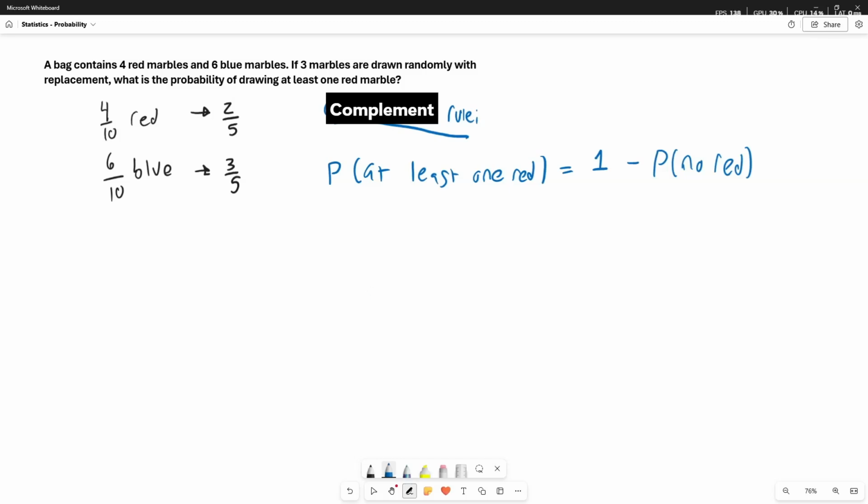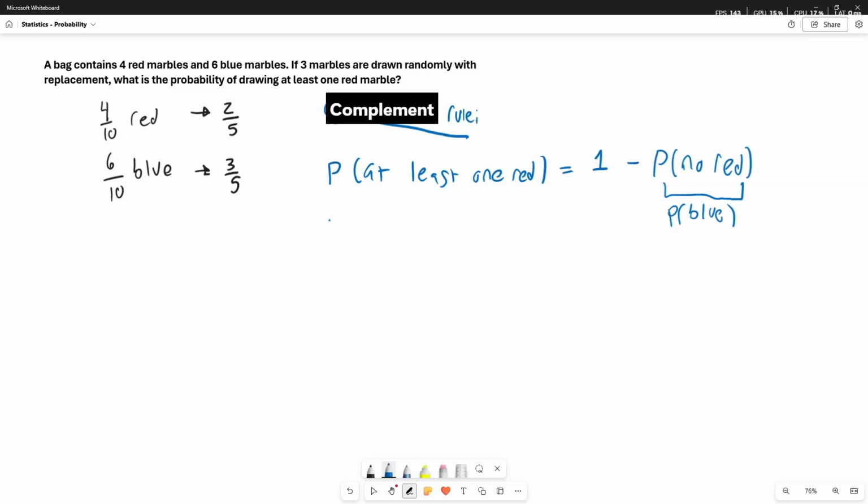The other side of that is what we're trying to find for red. If we take away the probability of getting blue 3 times from 100%, then we can find our answer.